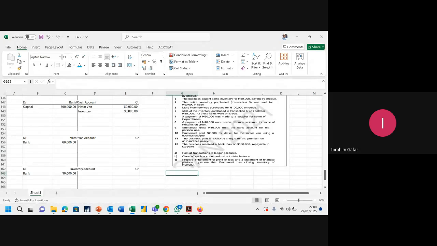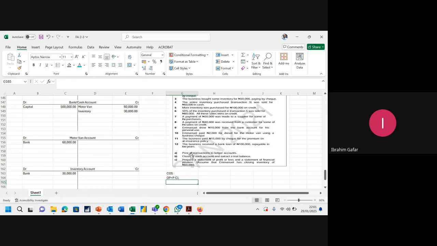Your cost of goods sold formula still remains opening plus purchases less closing. Opening inventory, purchases, then closing inventory. Closing inventory makes up your cost of sales.